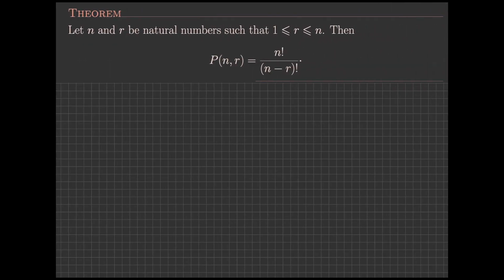Now this is the theorem, which is also in the book. There is a formula for P(n, r): P(n, r) is n factorial divided by (n minus r) factorial. We want to have a proof for this. So what is the proof? Why do you think this is correct?